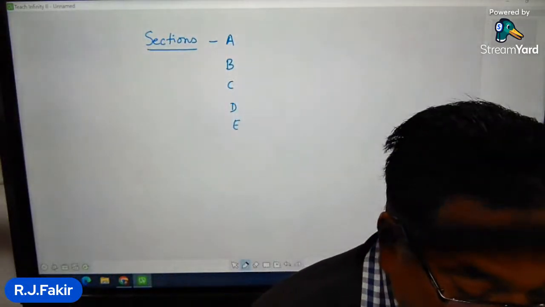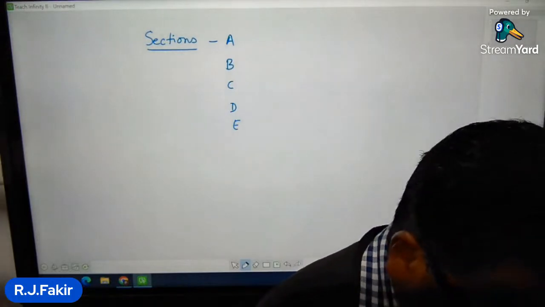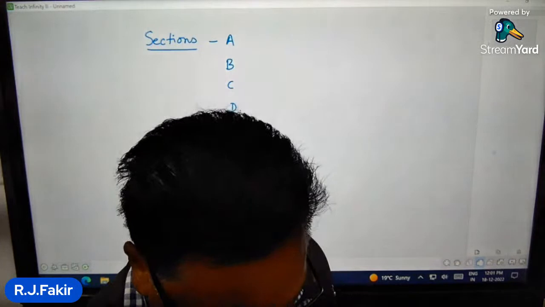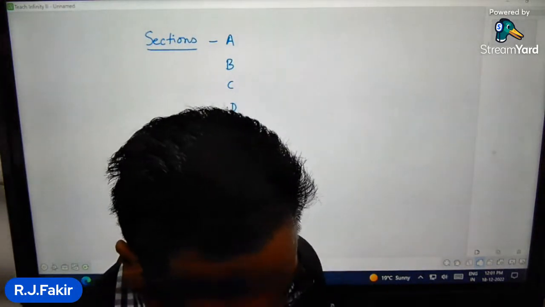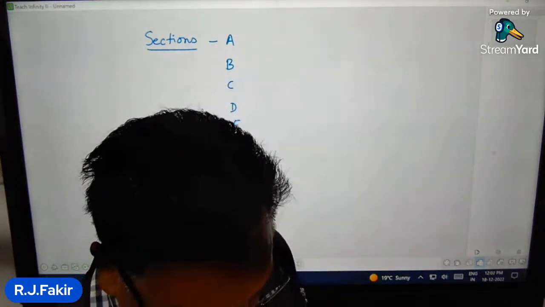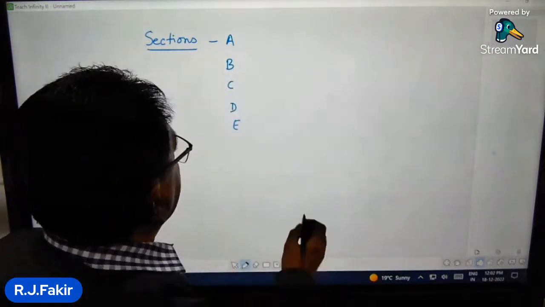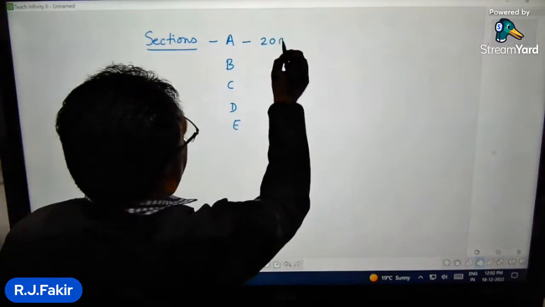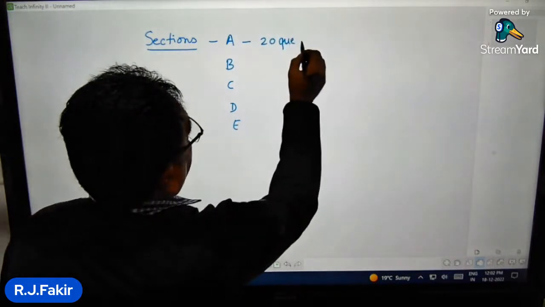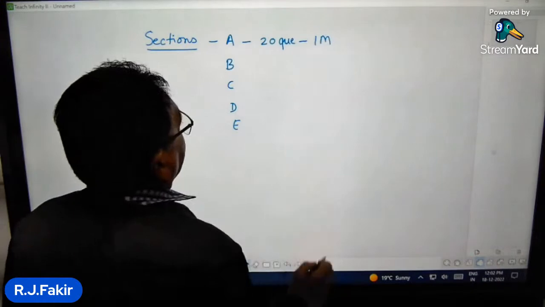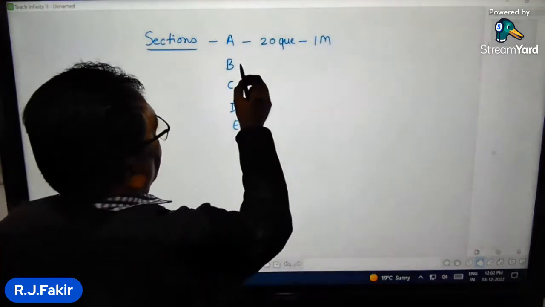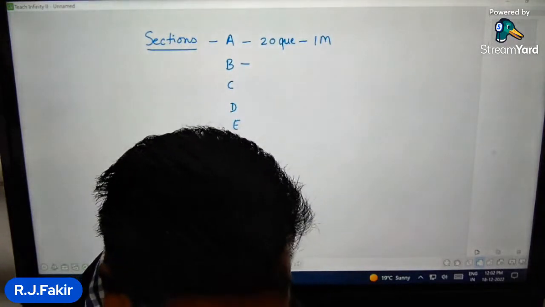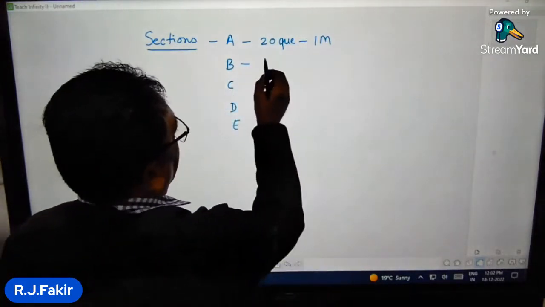So if you go section wise, you will be having 20 questions, 1 mark each in this one, section A. In section B, you will have 6 questions of 2 marks.